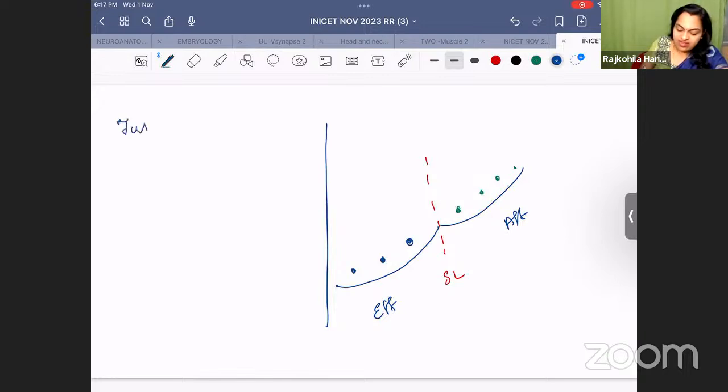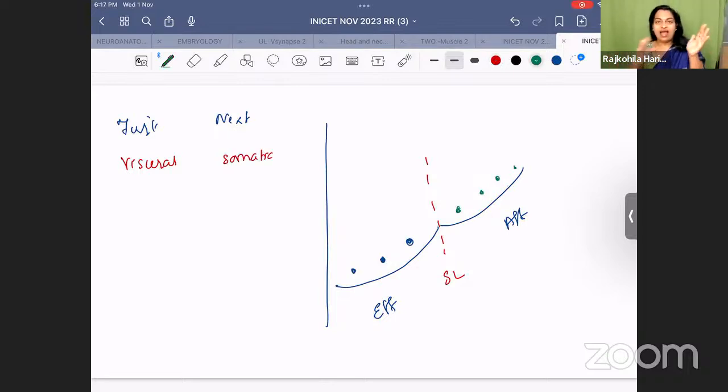Just be with me as I do this. What comes first and what comes next? The visceral column comes first, which means it comes closer to the sulcus limitans, followed by the somatic. Then we have the general and special, of which general comes first, followed by the special. So what do I have close to the sulcus limitans? The visceral and general.